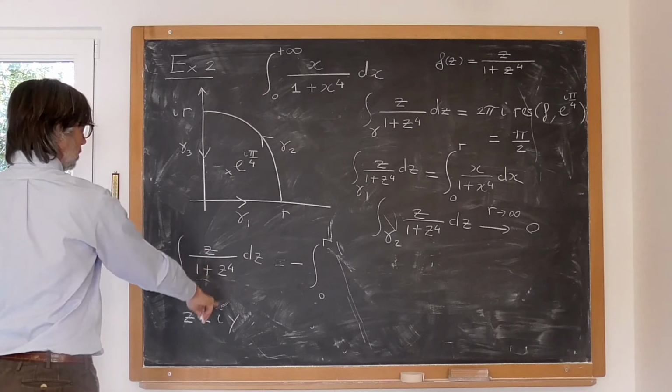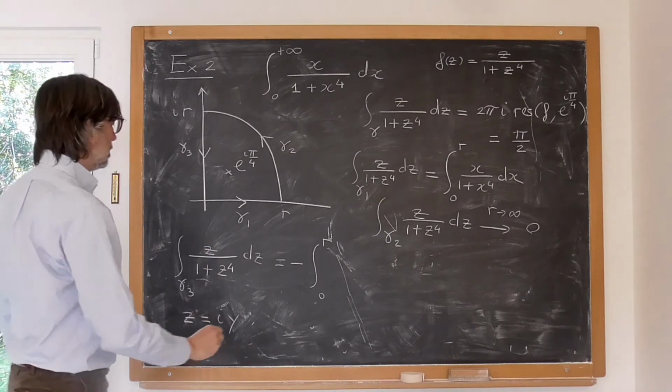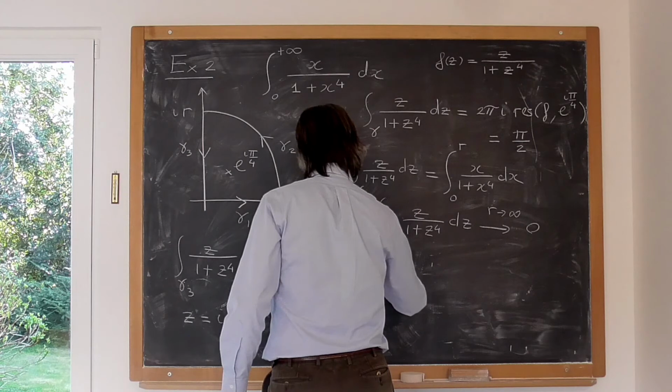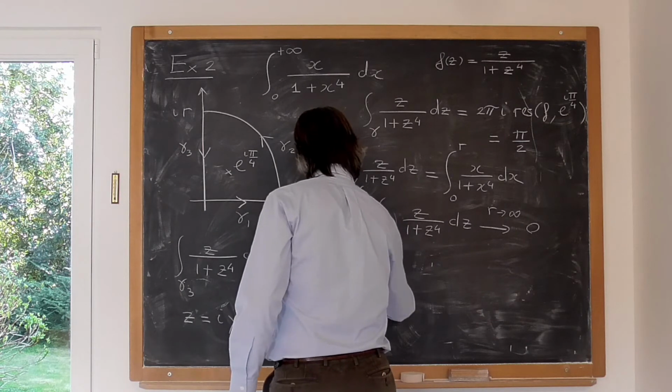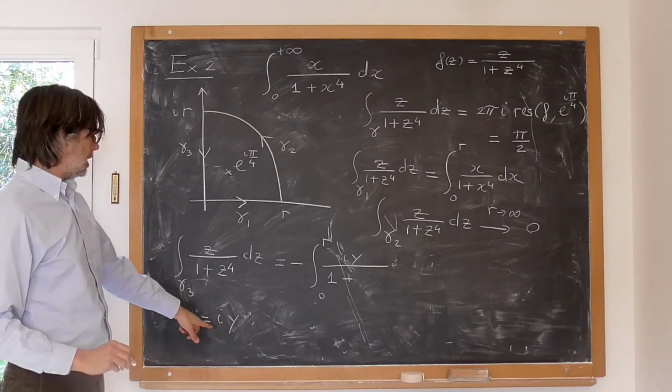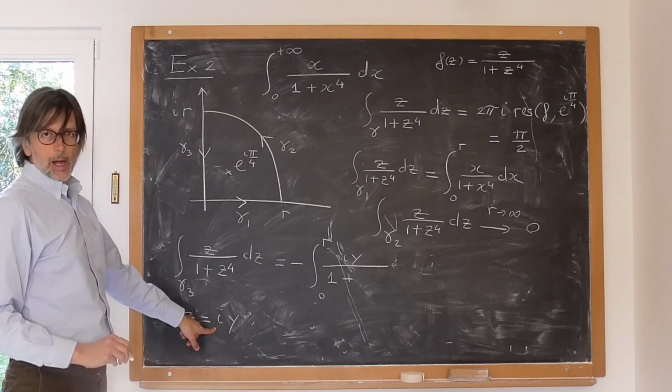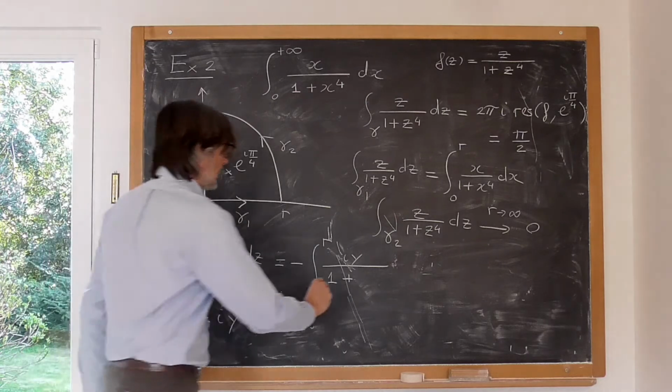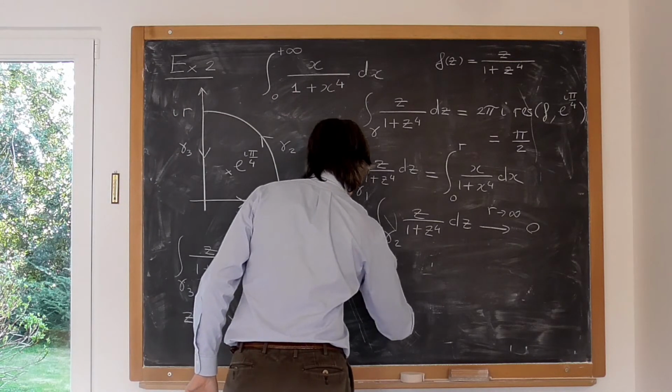And instead of z, we plug in i y. So we have i y divided by 1 plus i to the power 4 is 1. So here we get 1 plus y to the power 4.